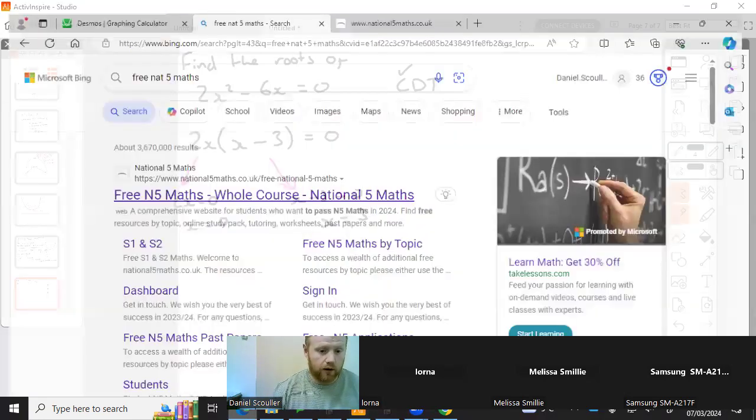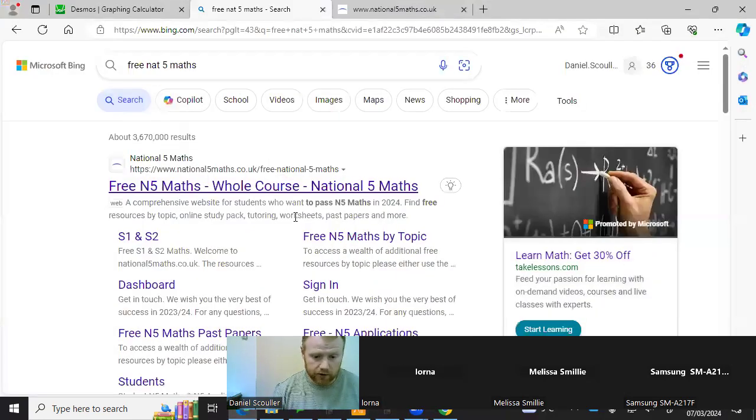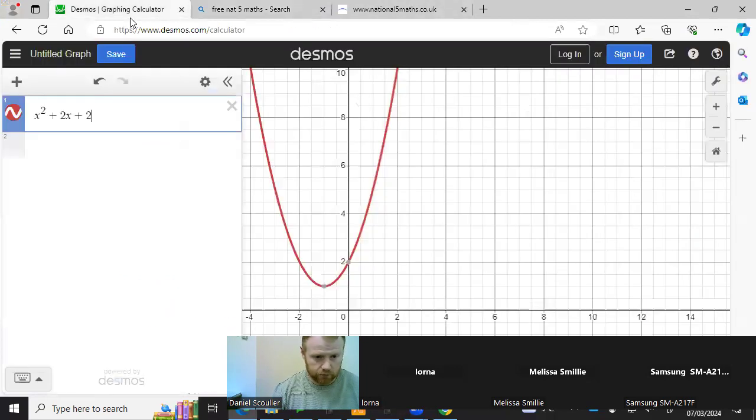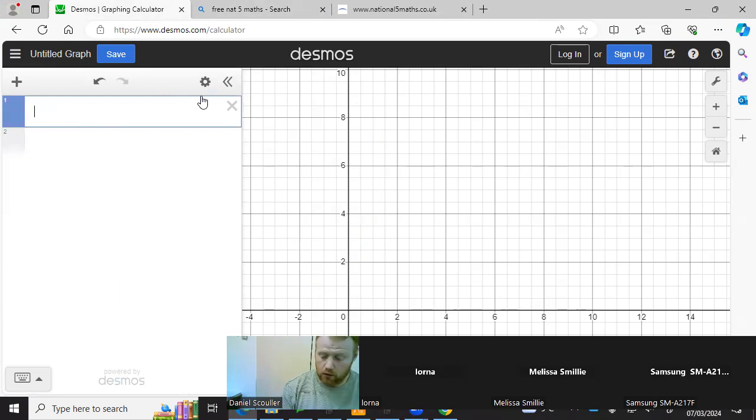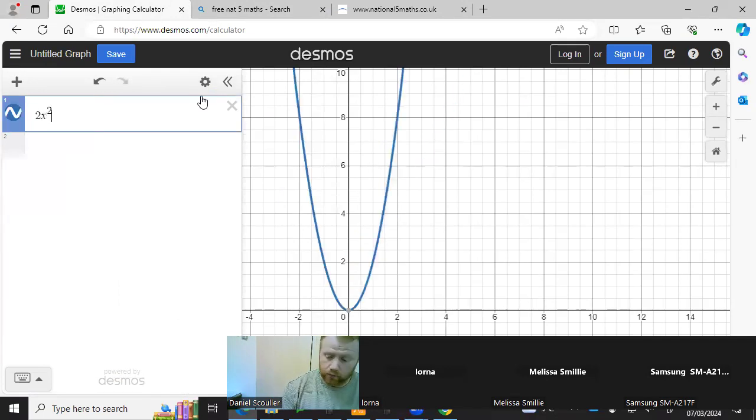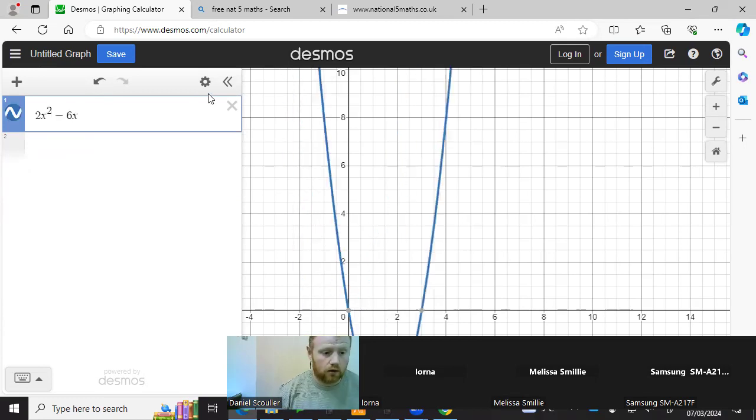Let's have a wee quick look on Desmos. Is that still sharing my screen? 2x squared minus 6x.